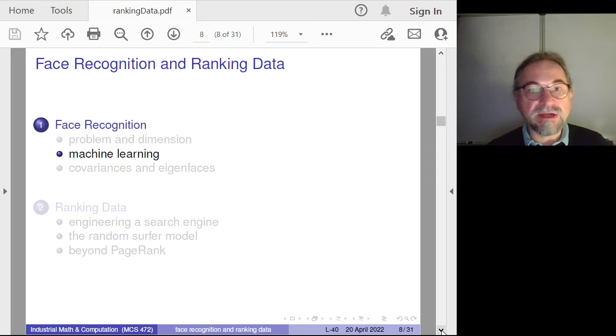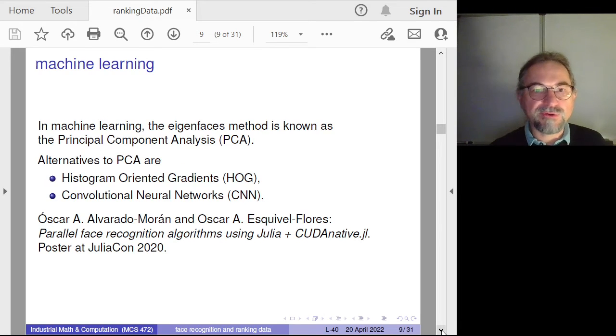Okay, what is now the relationship to machine learning? In this course we are using Julia, and I was looking up how this could be done in Julia, and I came across a poster presented at the Julia conference in 2020, which lists principal component analysis as an alternative to the histogram-oriented gradient method and the convolutional neural networks approach.